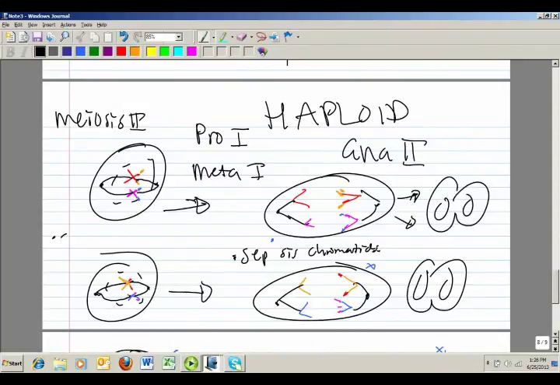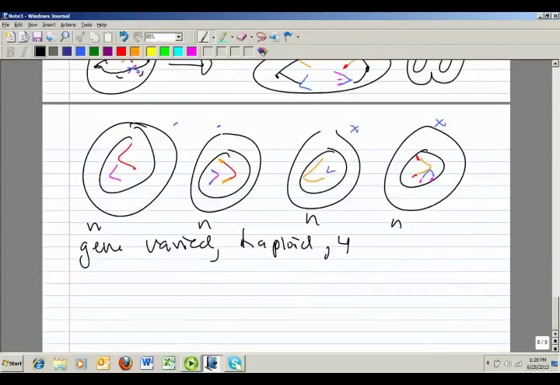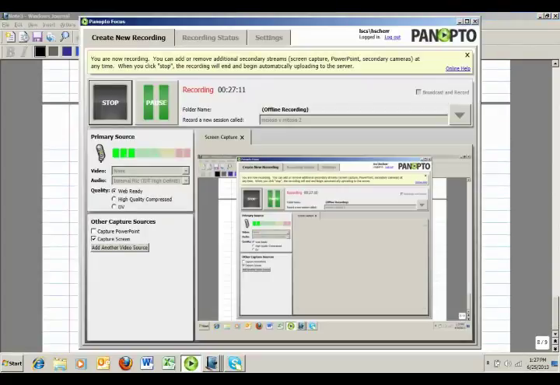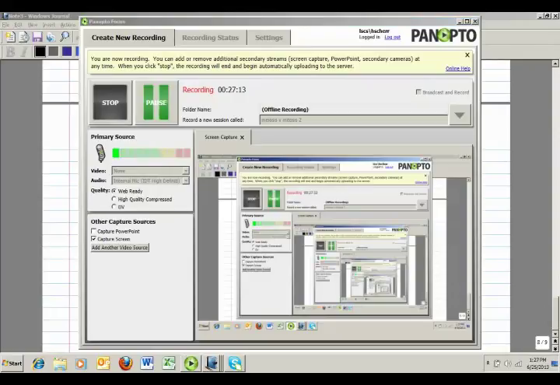In anaphase 2, we attach spindle poles to sister chromatids, that's how we've been saying it, to opposite spindle poles and then we pull them apart. And then we end up, after cytokinesis, with 4. Okay? So that's going to be important similarities and differences between mitosis and meiosis.